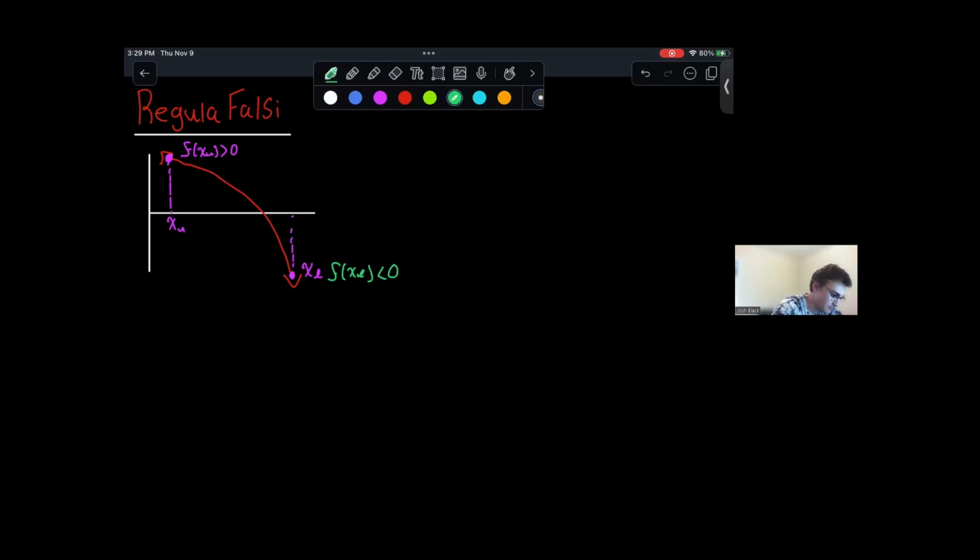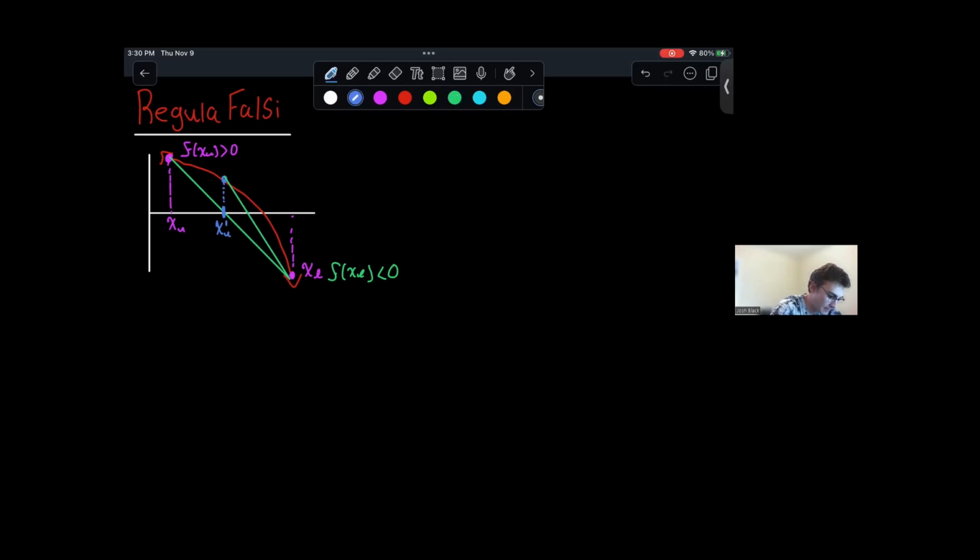Let me show you what it does. So we draw what's called a secant line between the 2 points. Wherever the line reaches 0, where f of x is equal to 0, we make this a new point. In this case, it's going to be our new XU, XU1. From there, we'll do the same thing. We'll draw our line.